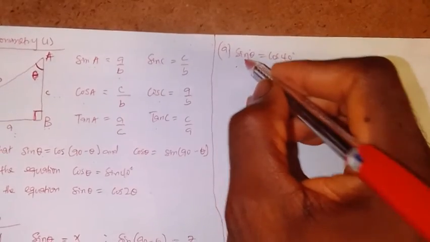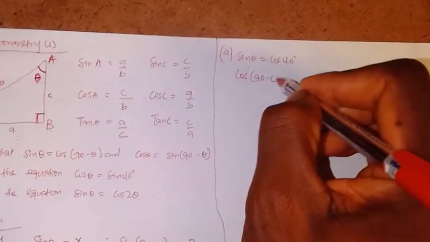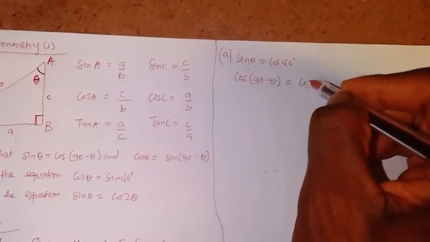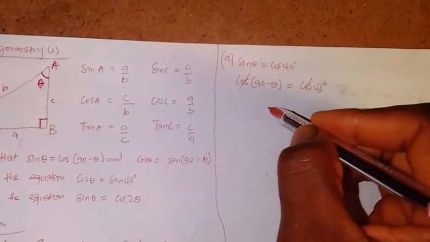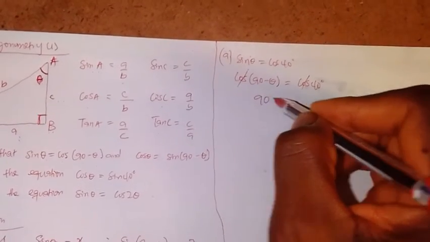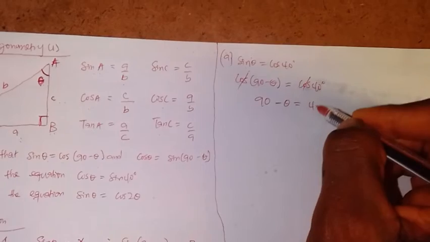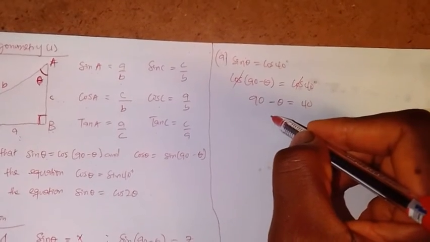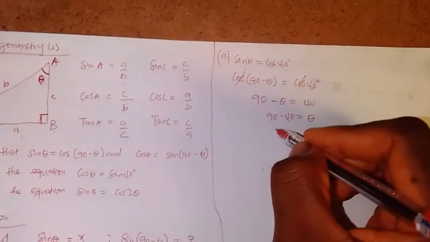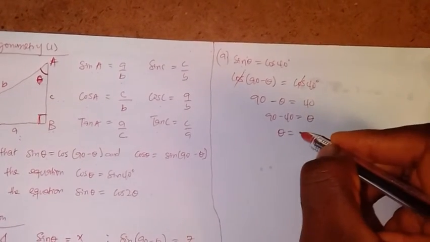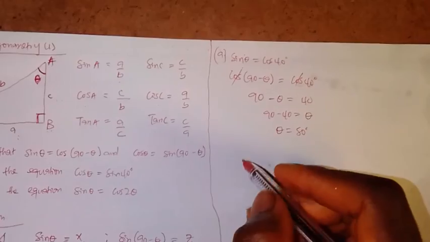That is, I can say this is the same thing as cos of 90 minus theta equals cos 40 degrees. Now they have the same trigonometric function, cos. So I'm left with 90 minus theta equals 40 degrees. Then 90 minus 40 leaves us with theta. So theta is equal to 50 degrees.